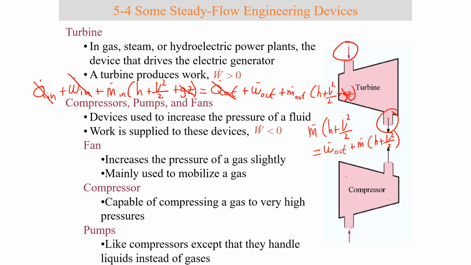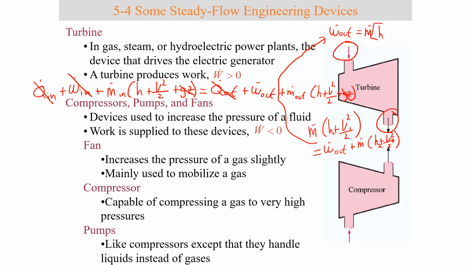So I'm left with, for the turbine, if I bring this up towards the top of this slide where I have some room, work out is equal to mass flow rate. I'll call in 1 and out 2.